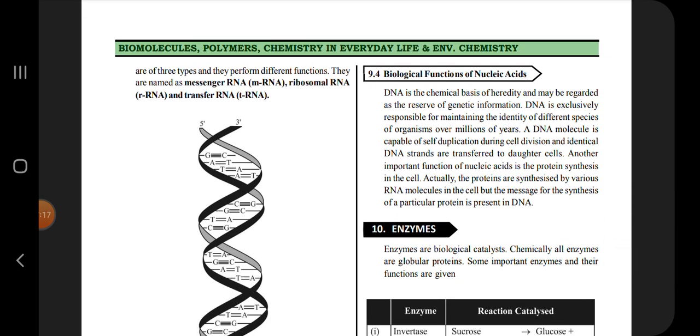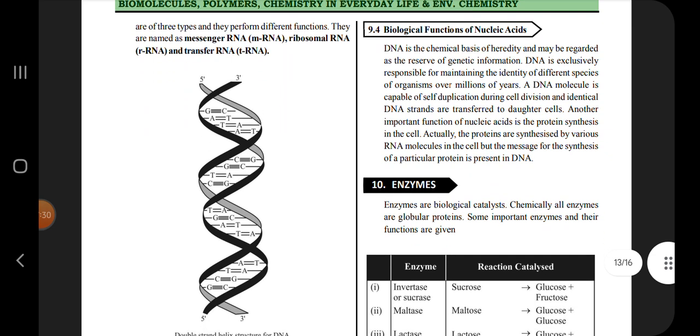RNA is of 3 types: mRNA, that is messenger RNA, then rRNA, that is ribosomal RNA, and then tRNA, that is transfer RNA. Biological functions of nucleic acid: they help in heredity, they help in self-replication, and many more.